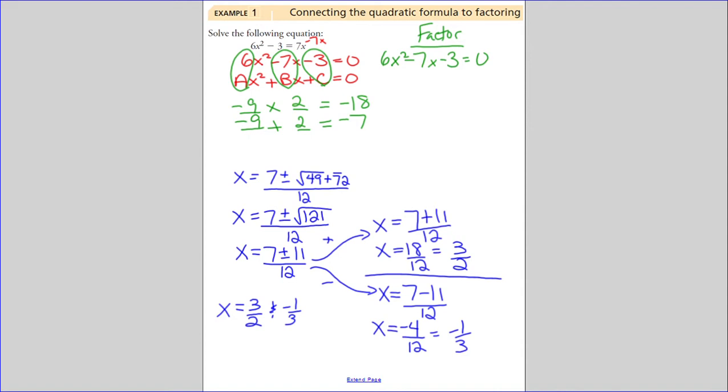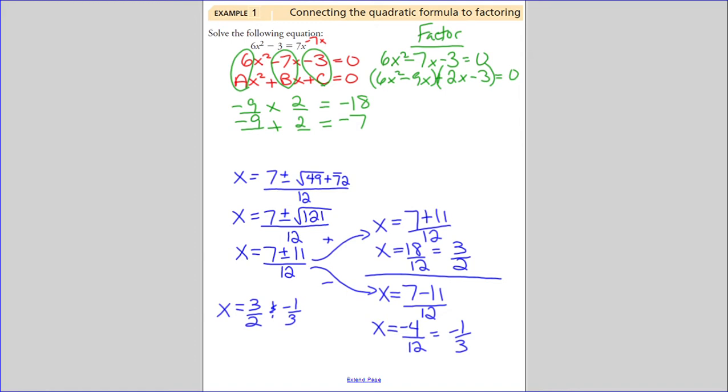So I'm going to expand this out. I'm going to write 6x squared minus 9x plus 2x minus 3 equals 0. The next step would be to bracket your first couple of terms and your last two terms. I'm going to common factor this out.